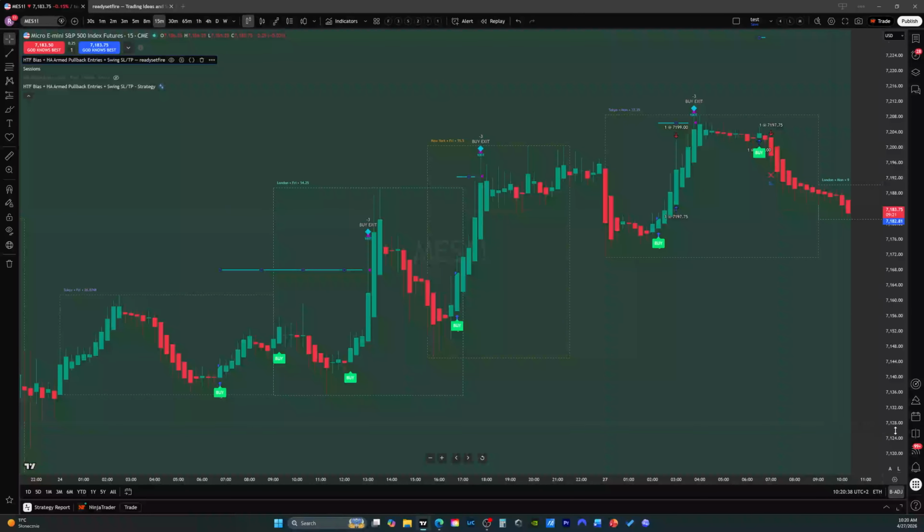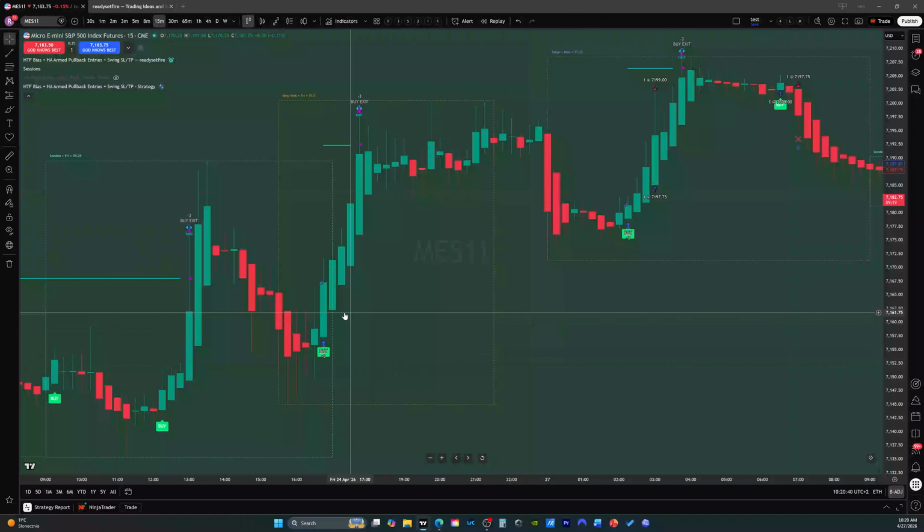And then this entry over here has to be on the first reversal candle. Because this candle didn't have no wick on the bottom, on the chart before I updated the indicator, it wouldn't have given me this entry right here.